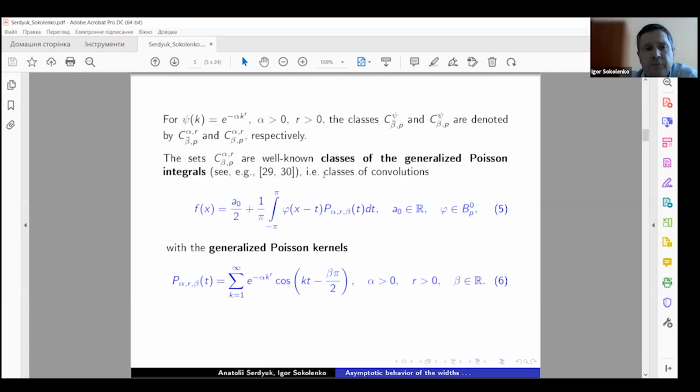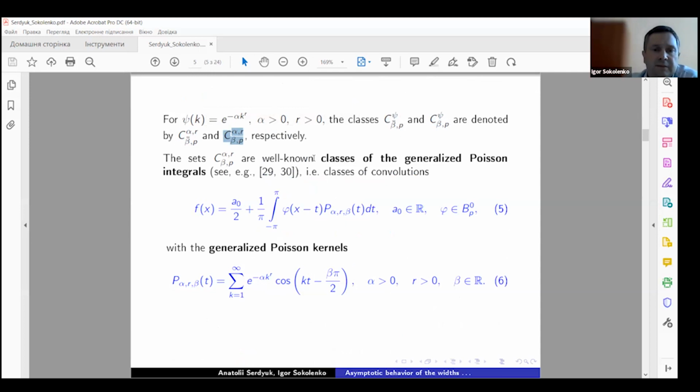For psi(k) equal to e to the power minus alpha k to the power r, with alpha and r greater than 0, the classes C^psi_{beta,p} are denoted by C^{alpha,r}_{beta,p}.